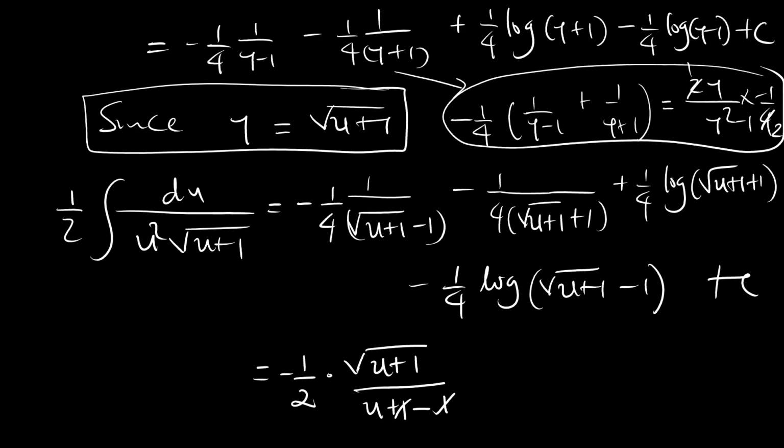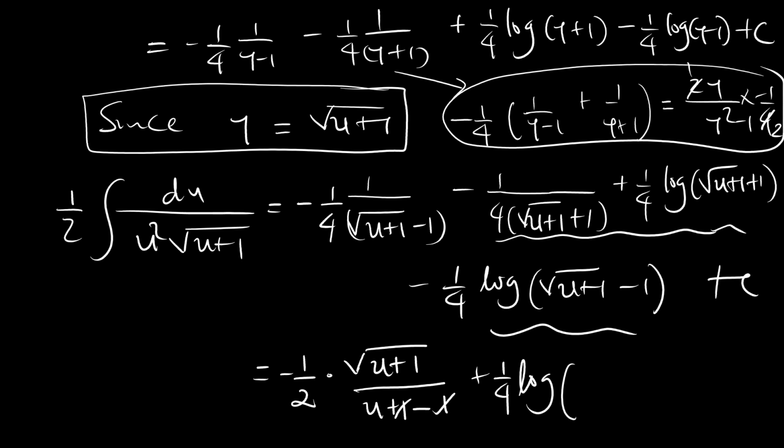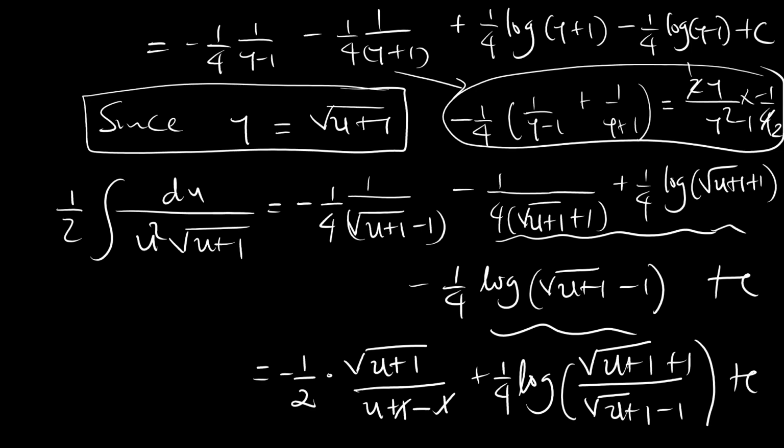Okay, and then from these two, this and this would have plus a quarter natural logarithm of u plus 1 over u plus 1 minus 1 plus c.